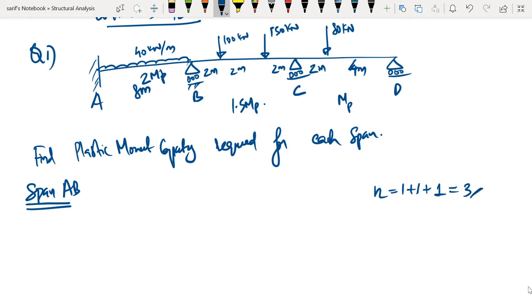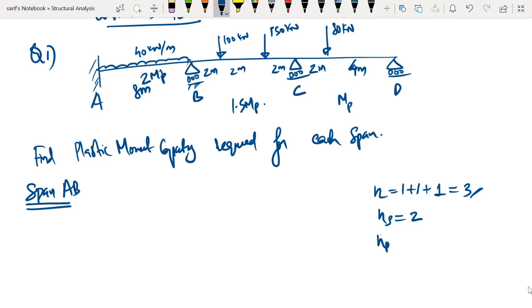And what will be the indeterminacy of the span? The indeterminacy of the span will be 2, because the interior support you can consider as a fixed support. So this beam can be considered as a fixed beam, and the degree of indeterminacy will be 2.